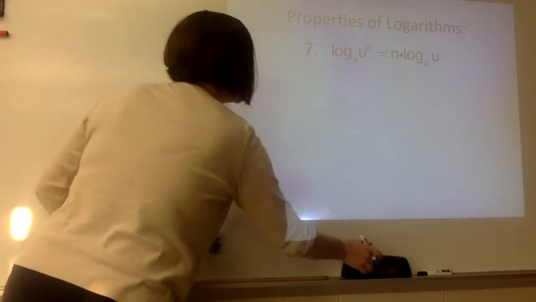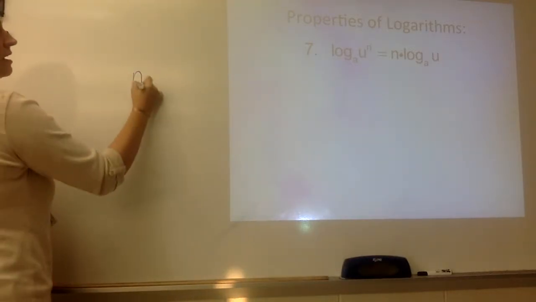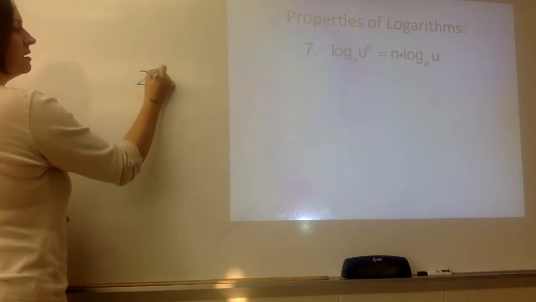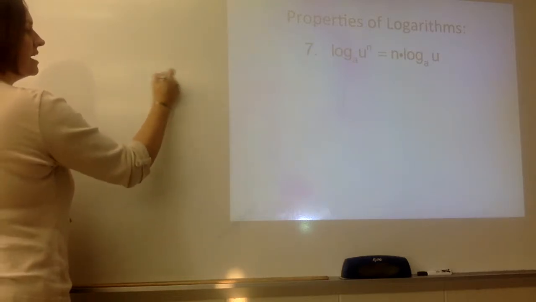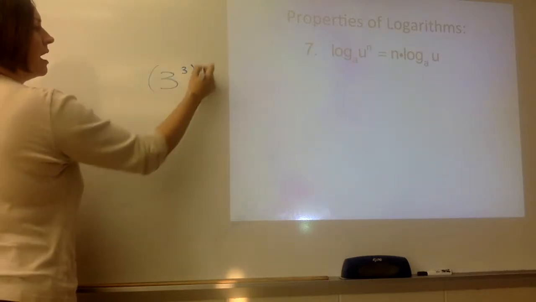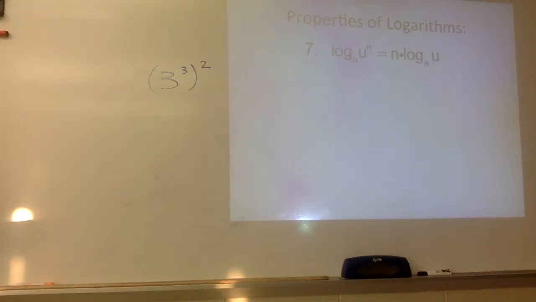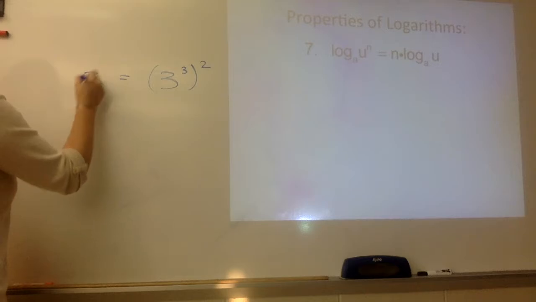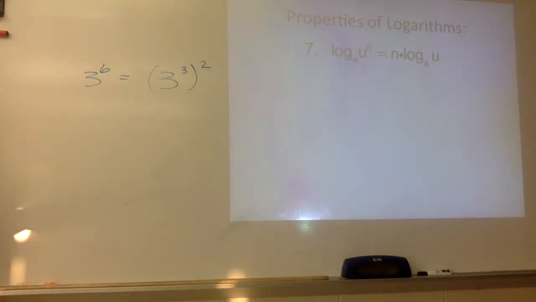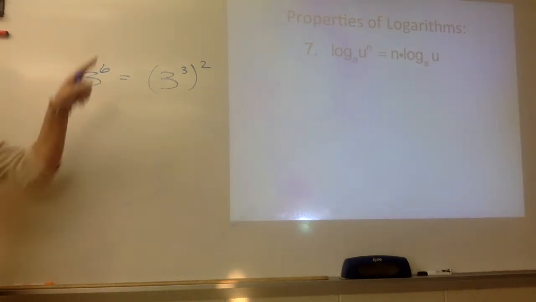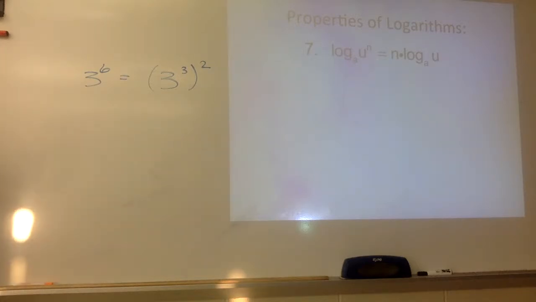Power to power rule says this. If I take 27, what am I doing? If I take 3 to the third and I square it, don't I multiply 3 times 2? Gives me 3 to the sixth. That's that idea, power to power rule.